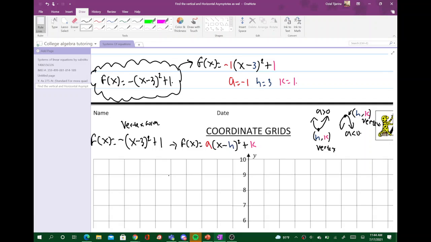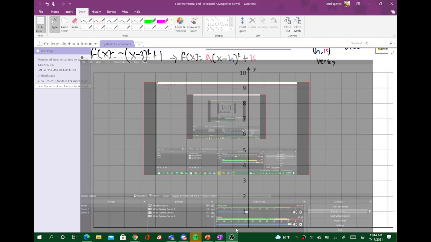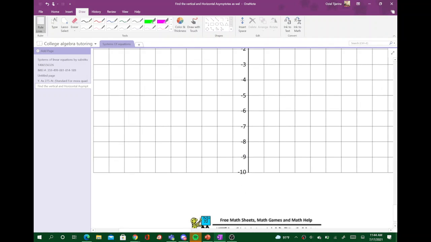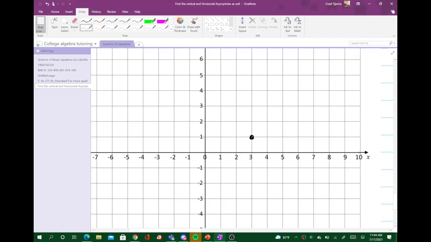So we know that the vertex of this parabola is going to be h, k, which is really just 3, 1, right? And we can go ahead and plot the point 3, 1. So 3, 1 is right here. So this is our vertex, right?